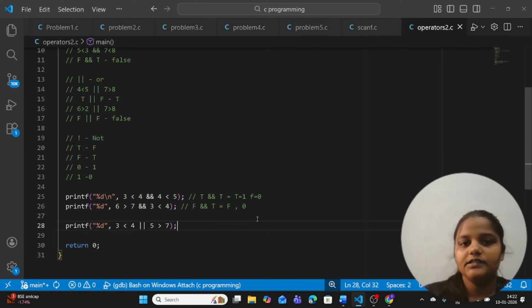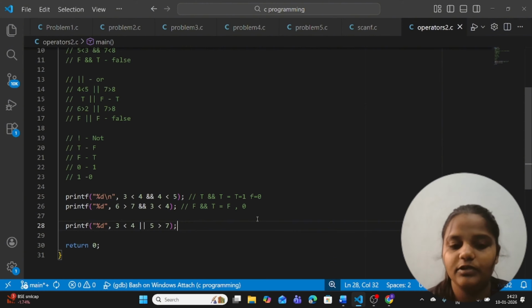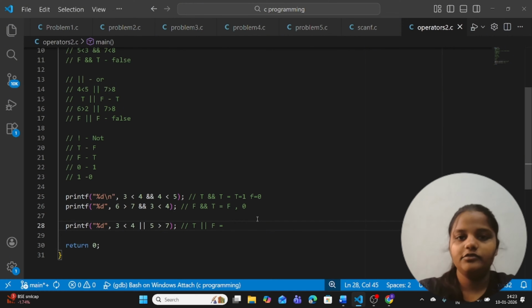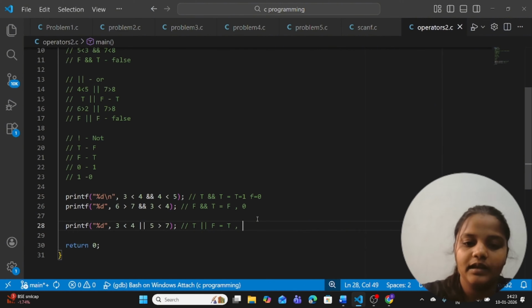If one condition is true, then the output will be true, right? So here 3 less than 4, it is correct, true. OR 5 greater than 7? No, 7 is greater than 5, so this condition is false. See, one value is true and one value is false. Even if one value is true, then the entire output will be true, so it will print 1, right?